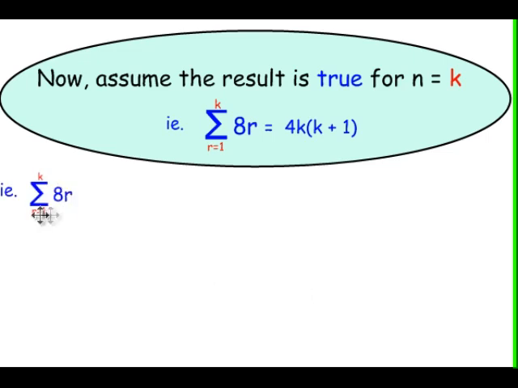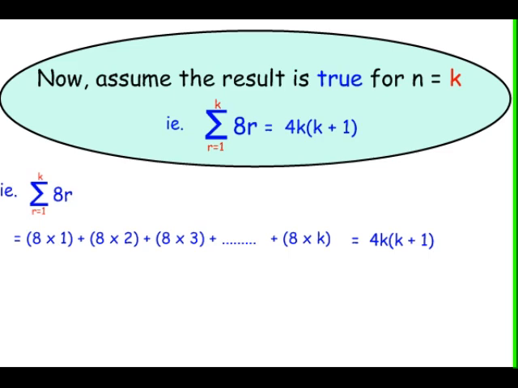In other words, the sum r equals 1 to k of 8r, now when we put r equals 1 in, we get 8, 8 times 1. When we put r equals 2 in, we get 16, which is 8 times 2. R equals 3, 8 times 3, all the way up to fitting k in is 8 times k. And from our assumption, this is equal to 4k bracket k plus 1.